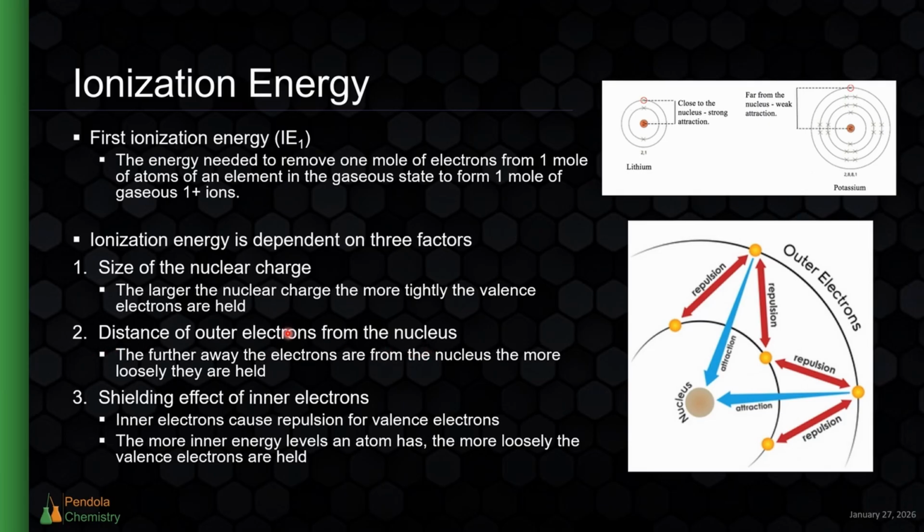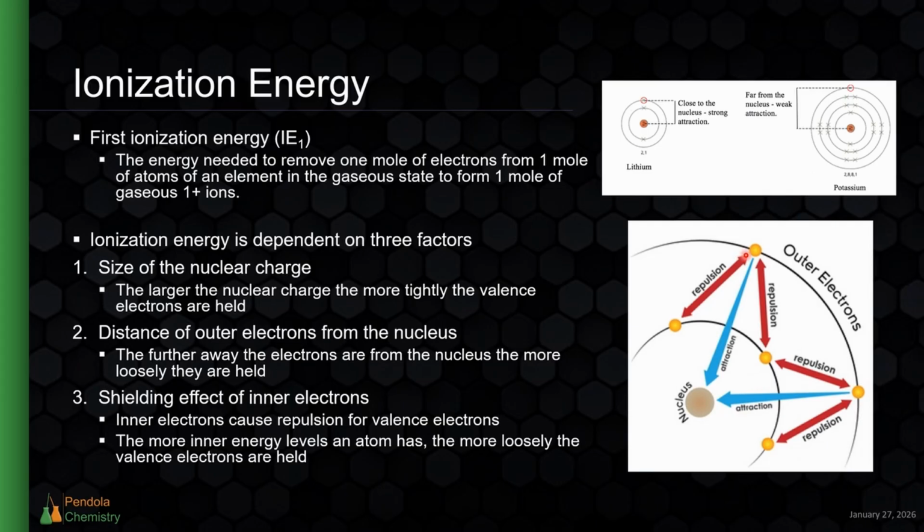The second is the distance of the outer electrons from the nucleus, which is related to that property we discussed earlier, atomic radius. The farther away these electrons are, meaning the bigger the radius of the atom, the more loosely these electrons are going to be held, because distance diminishes magnetism.